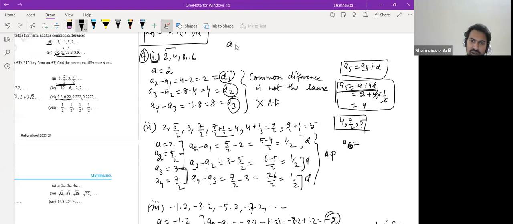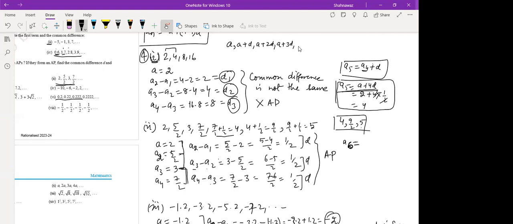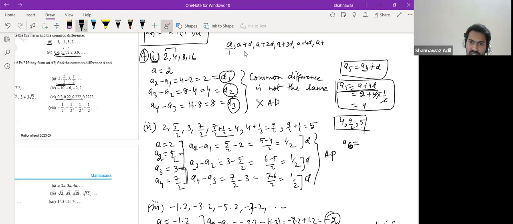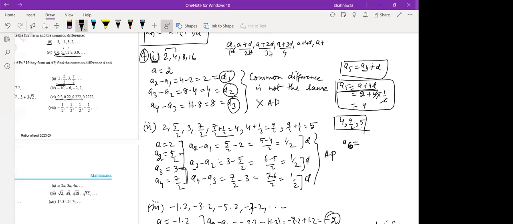So you have this general term. The first term is A, the second term is A plus D, the third term is A plus 2D, the fourth term is A plus 3D. So what is the sixth term? 4D, 5D. This is the first term, the second term, third term, fourth term, fifth term.